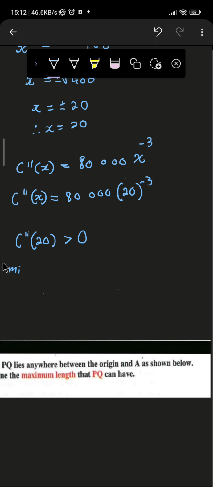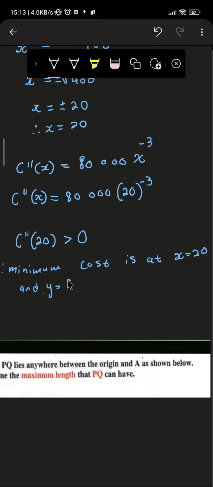Therefore the minimum cost is at x is equal to 20 and y is equal to 5.